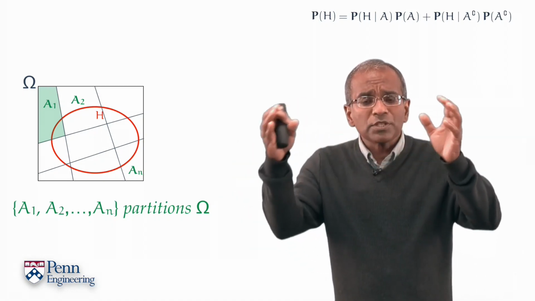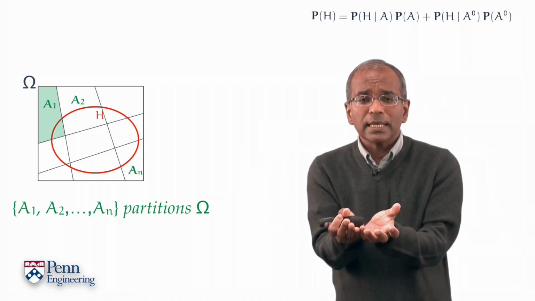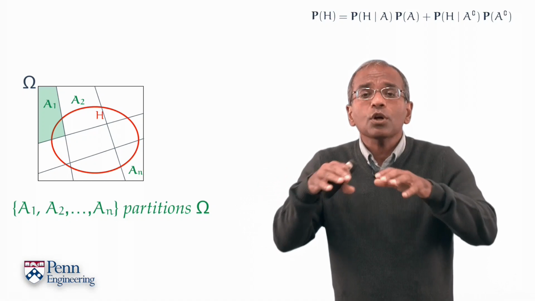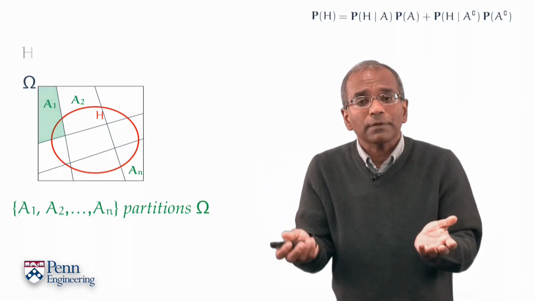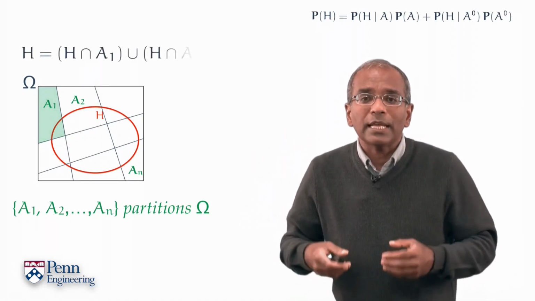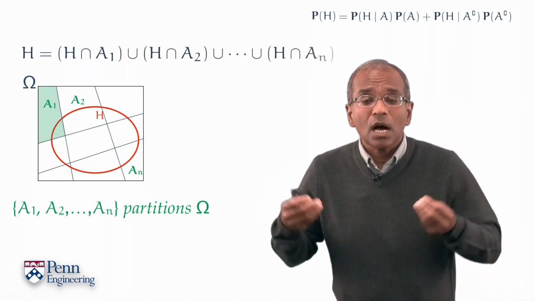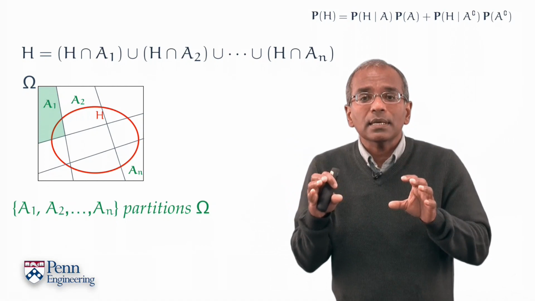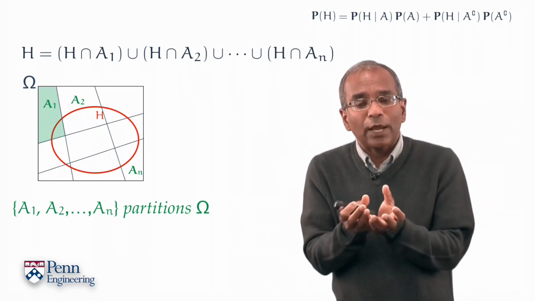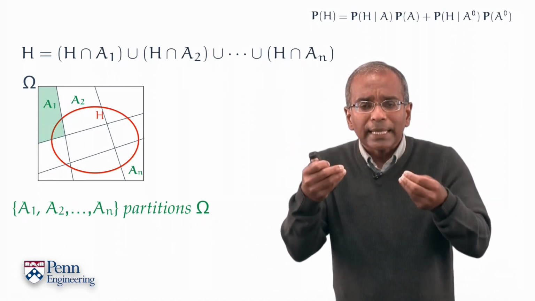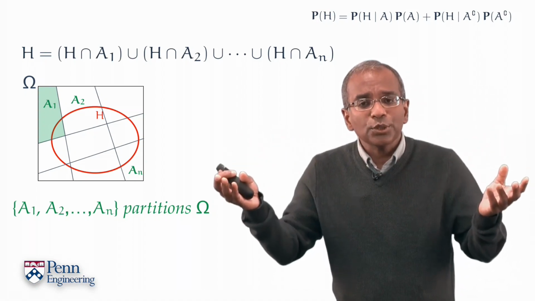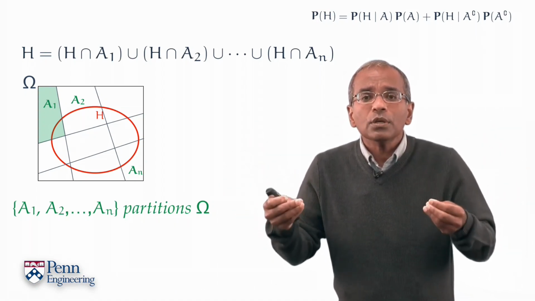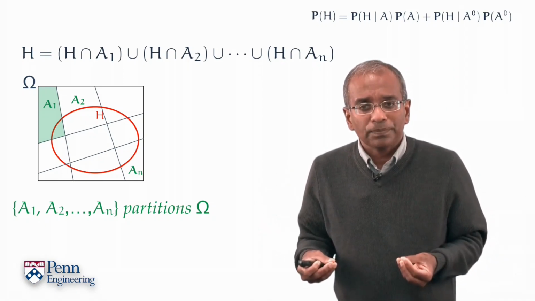And the moment we come up with such a partition, we see that a fortiori we have a partition of the event of interest itself, and we can decompose an event of interest H, the target event, into a group of disjoint pieces. That portion of H which is in A1, stitched together with that portion of H in A2, and so forth. Formally, of course, we are taking the union of a bunch of intersections.